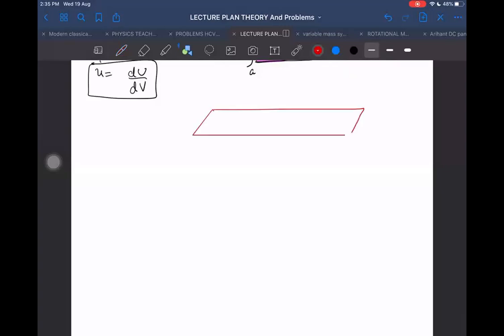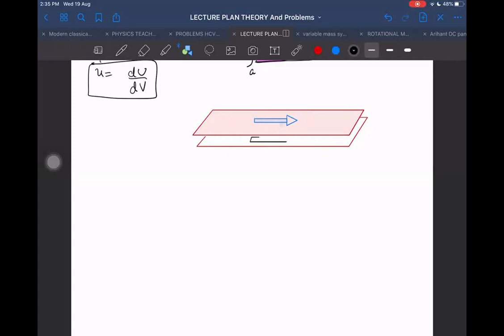I can take two sheets which are parallel to each other, and one of these sheets carries current in one direction, and the other one carries current in the other direction.